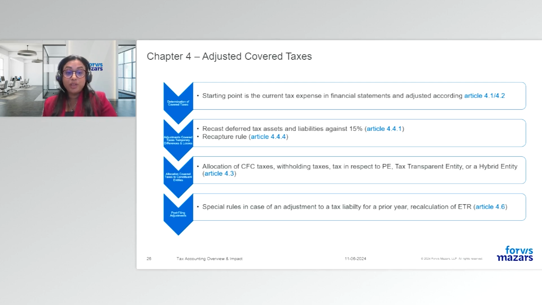Article 4.3 mentions that covered taxes are allocated to other constituent entities when necessary. Such taxes that may require allocation include CFC taxes, withholding tax, and tax in respect of a permanent establishment, tax transparent entity, or a hybrid entity. And the final step relates to post-filing adjustments.